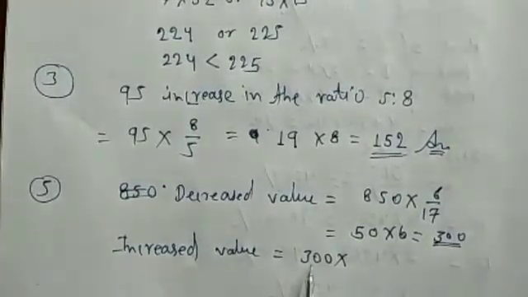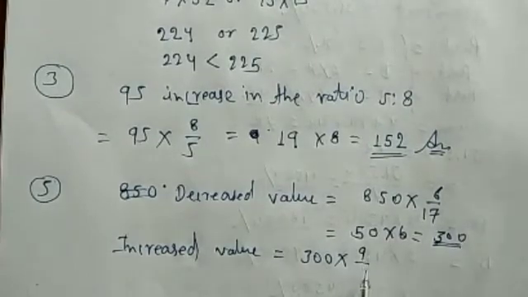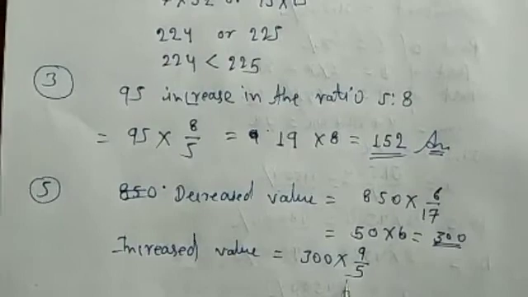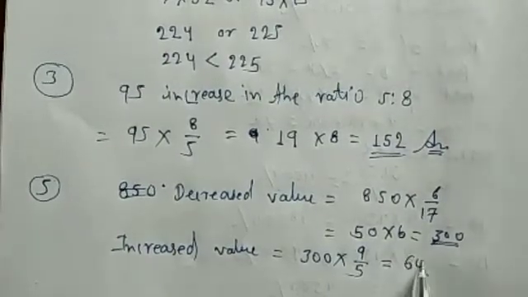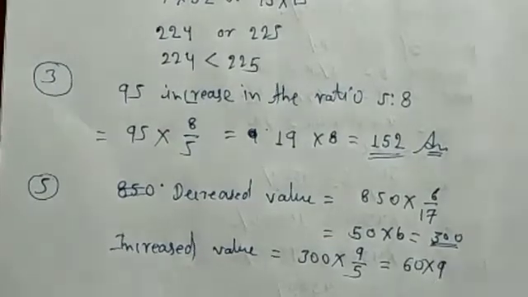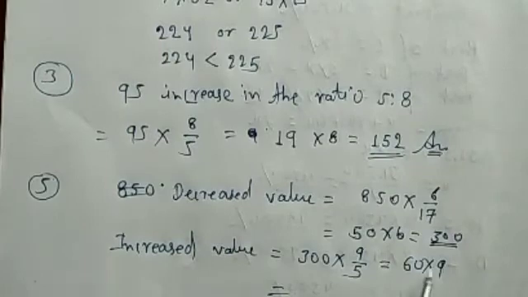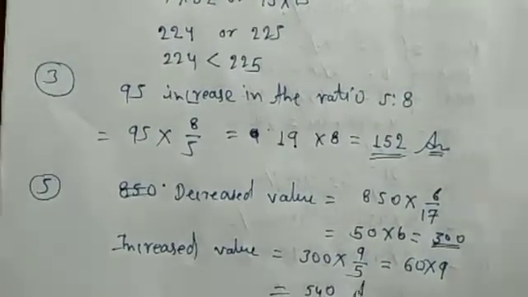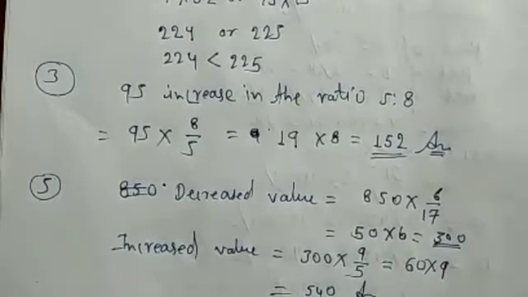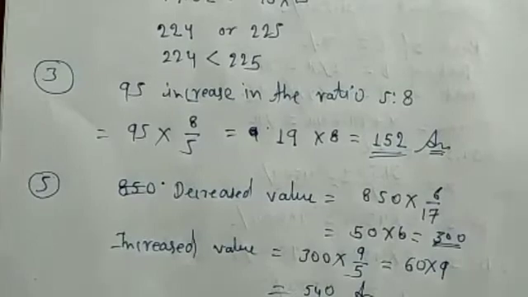So we have to increase the value, so simply make the ratio in the way that numerator is greater than denominator. Cancel the number, 5 sixes are 30 and 0, multiply by 9, 6 nines are 54, so this is 540. This is the answer of this question. Similarly, question 4, 6, 7 and 8 you will solve by yourself.